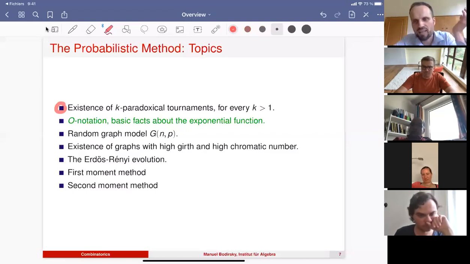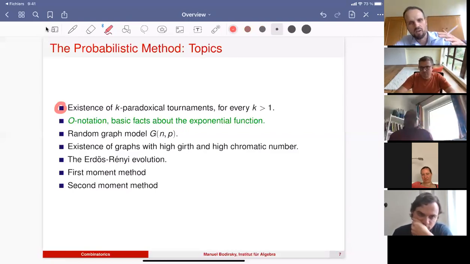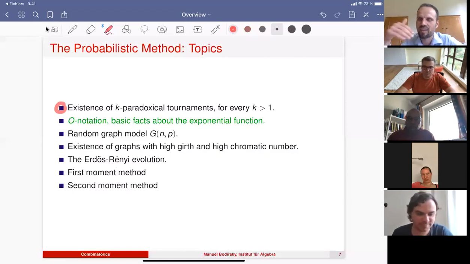And so what I do next in this chapter is that I'll explain how G(n,p), like random graphs with edge probability p with n vertices, how they evolve if you increase the edge probability. Now, this is called the Erdős-Rényi evolution.